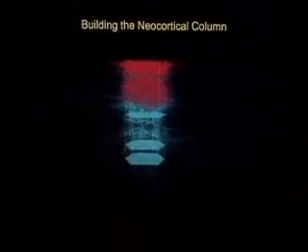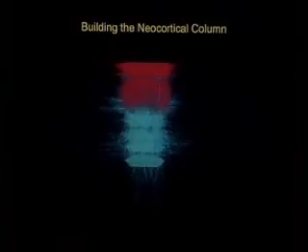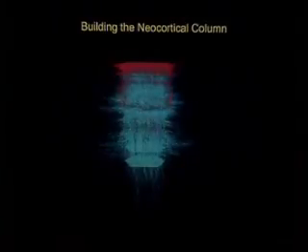And what you're seeing here, and this is now a hexagon because we're anticipating coupling these columns to build larger parts of the neocortex, is the loading of 10,000 neurons, starting in layer 2, 3, layer 1, layer 2, and the blue are the axons and the red are the dendrites.